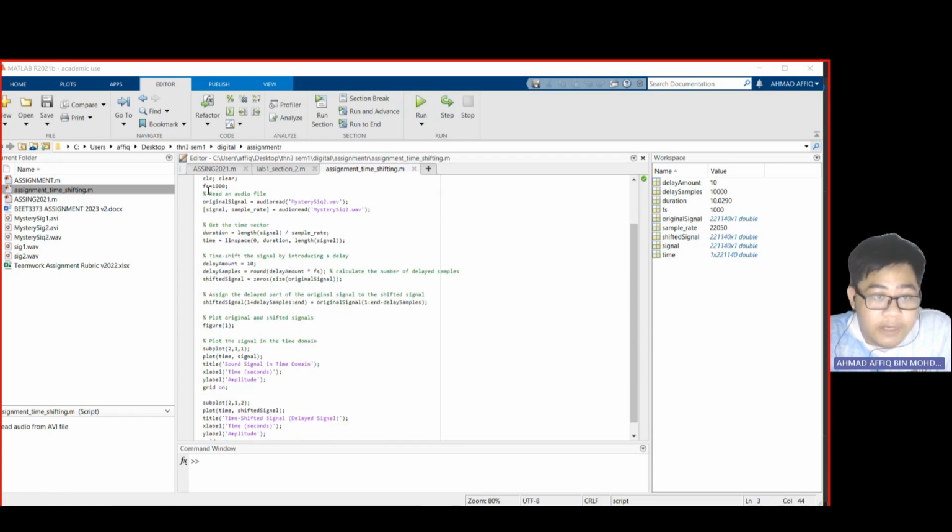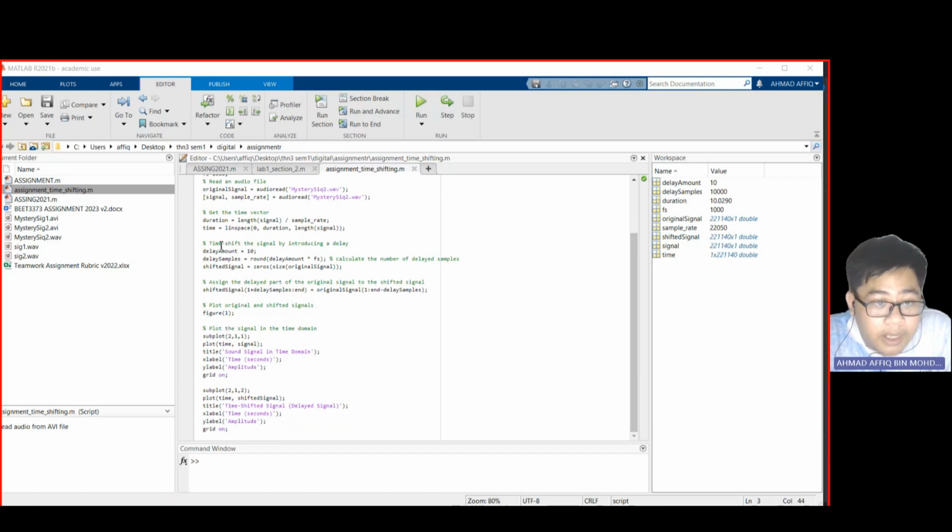Then I set the sample frequency to 1000 and set the delay amount to 10. To shift the signal, I write code with zeros, column size of the original signal, and the shift signal from 1 plus delay sample to the end is equal to the original signal from 1 to the end minus the delay sample.